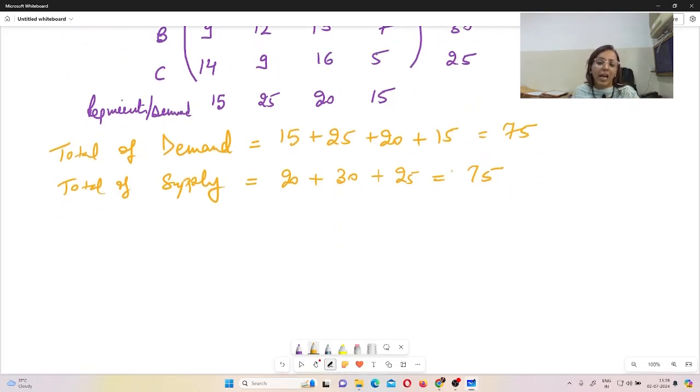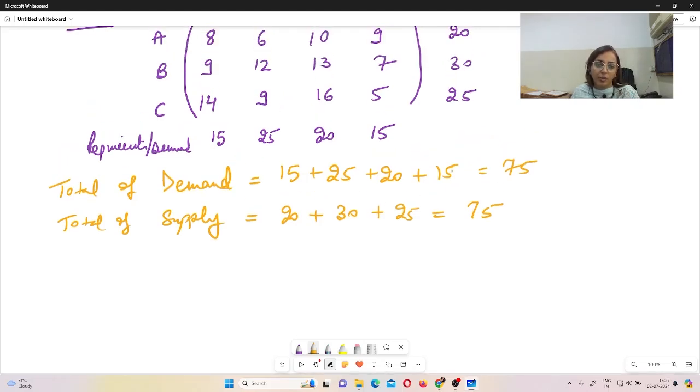You just have to give the allocation as much as you can to this cost matrix. So create the cost matrix once more with A, B, C as rows and D1, D2, D3, D4 as columns. Put the values: 8, 6, 10, 9, then 9, 12, 13, 7, and the next row 14, 9, 16, and 5.